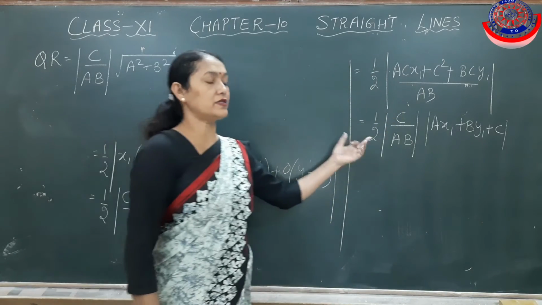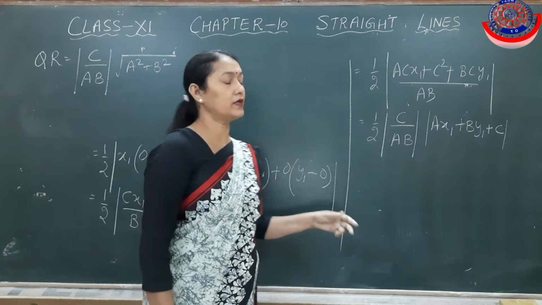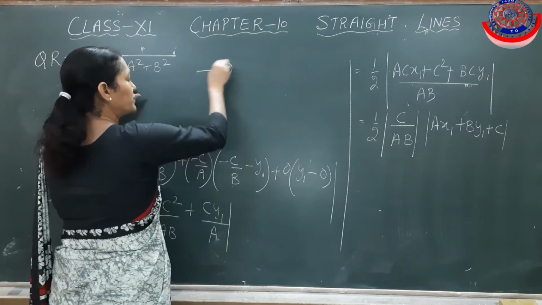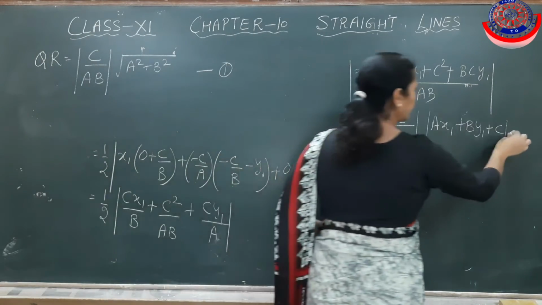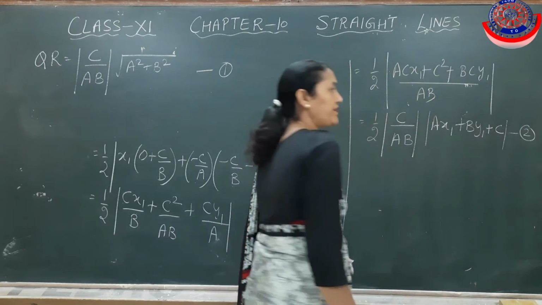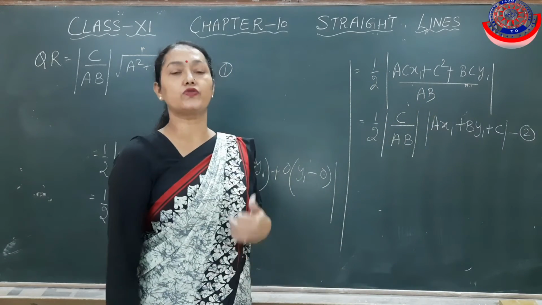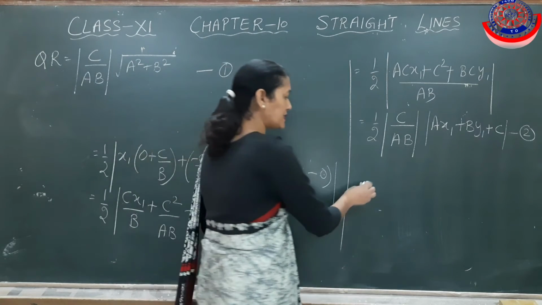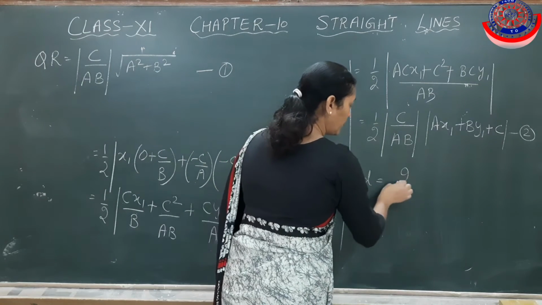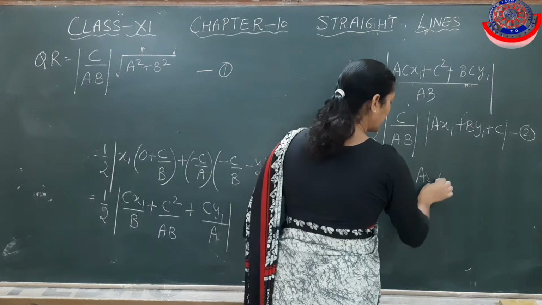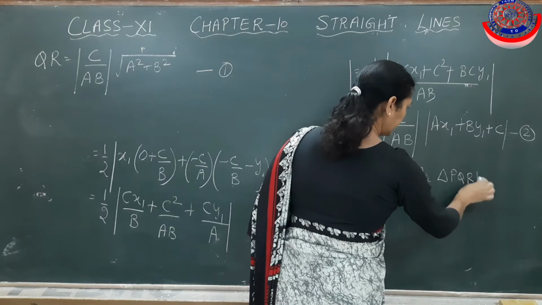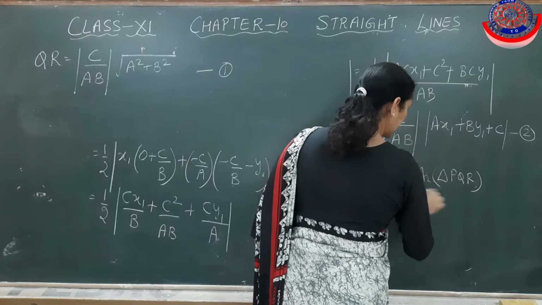What we have got is the area of triangle PQR. The base we have obtained here. So this is first. What we have discussed, area of triangle equals half base into perpendicular distance. That means perpendicular distance can be written as 2 times area of triangle upon base.